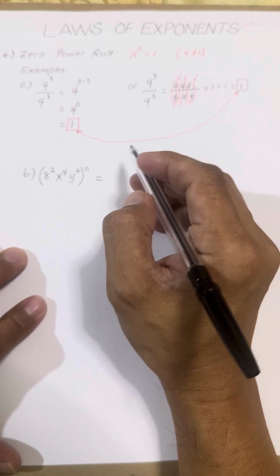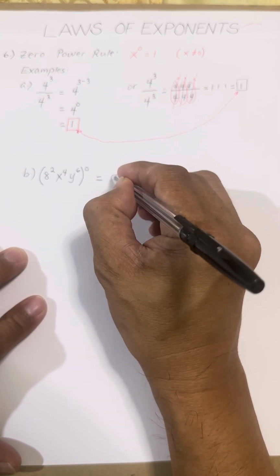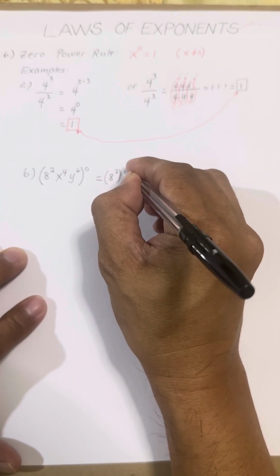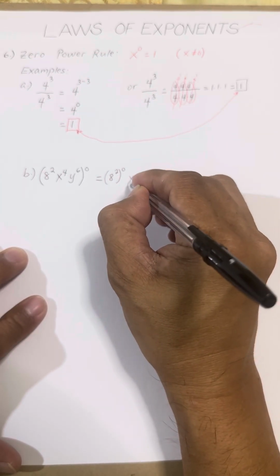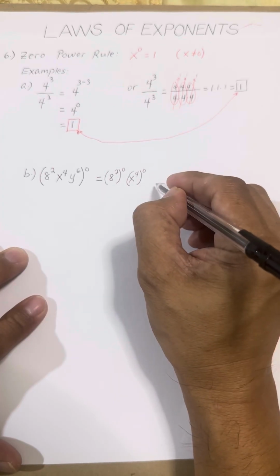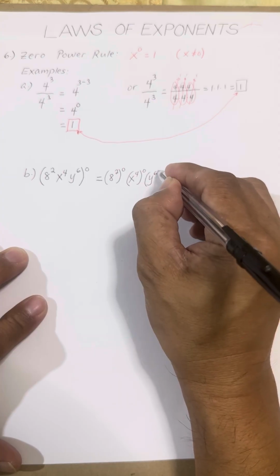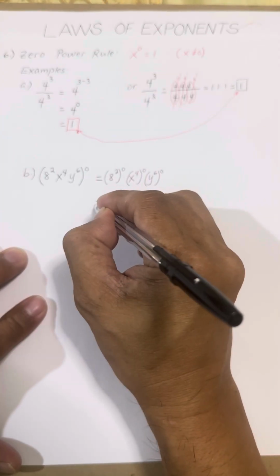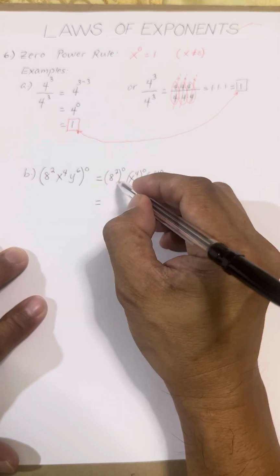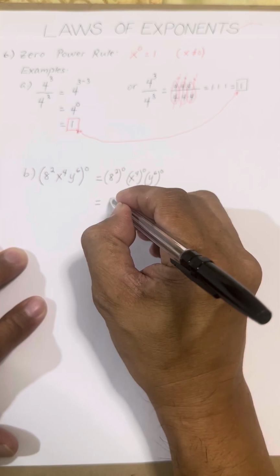But if we apply the other rule, we can distribute this power, so we can rewrite this as 8 to the power 2 raised to the power 0, then x to the power 4 raised to power 0, times y raised to power 6 raised to power 0. We know from the other rule that if you have an expression raised to a power and then raised to another power, we simply multiply the powers.